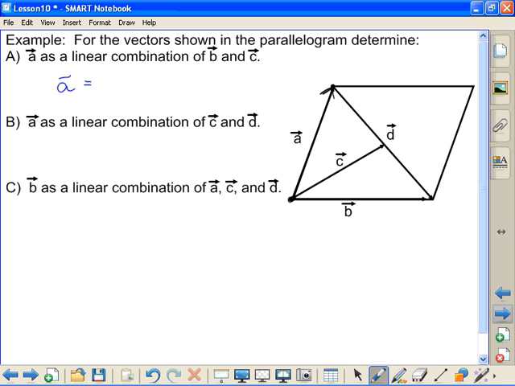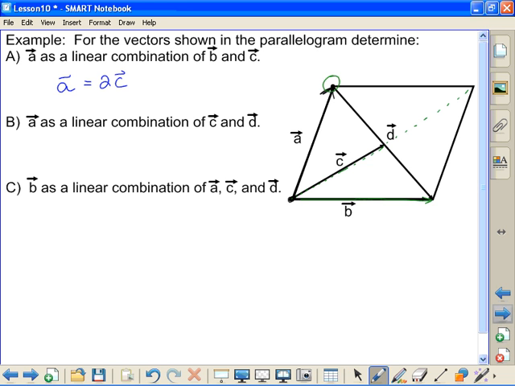Well, C goes to the diagonal, B is along the bottom, so I have to use those two vectors to end up here. So in order to get up there using those two vectors, one thing I can do is follow the C vector all the way to the diagonal.